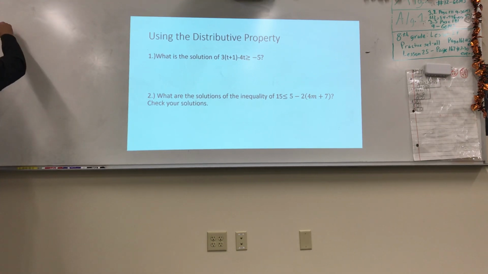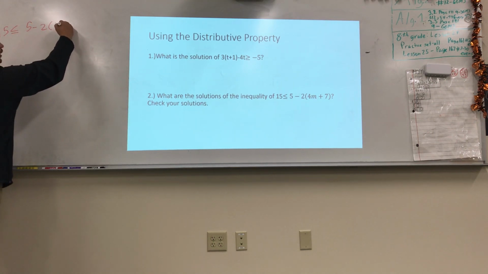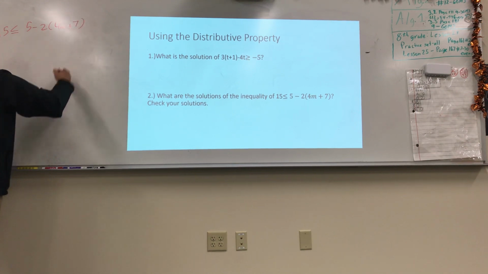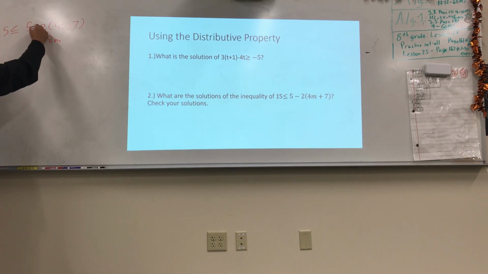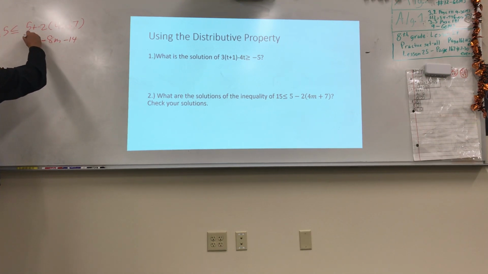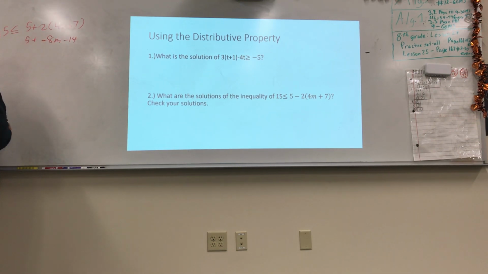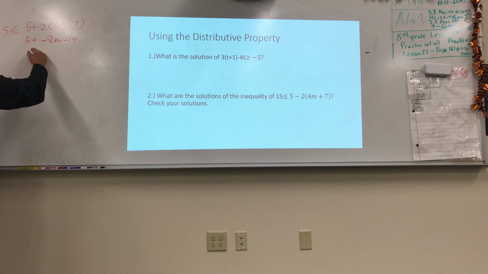Distribute, you're going to get negative 8m, and negative 14. You get 5 plus a negative 8m minus 14. You combine these, you're going to get negative 9 minus 8m.